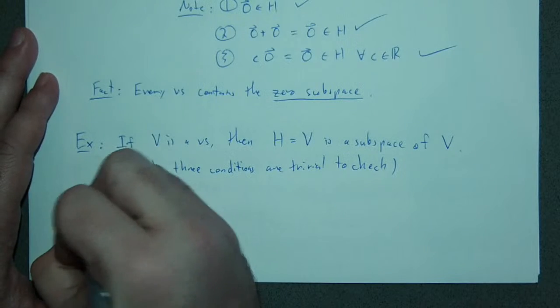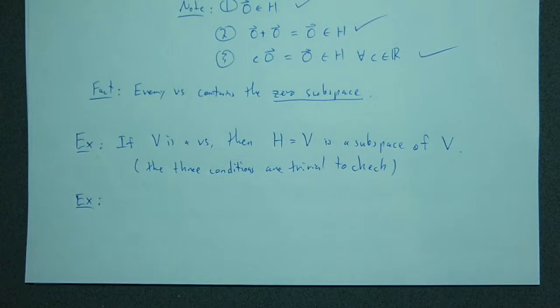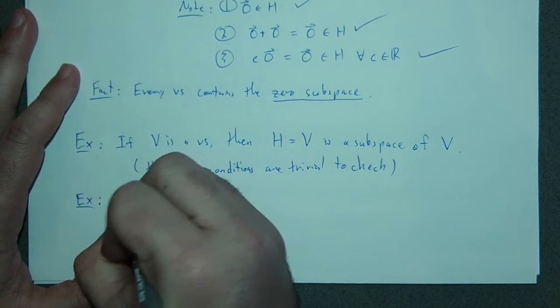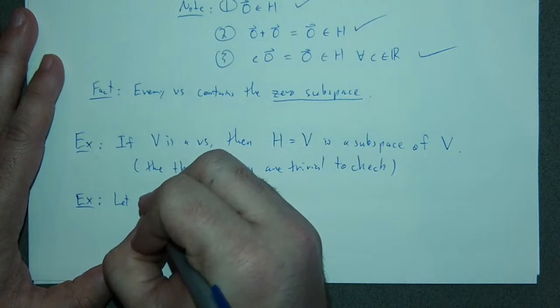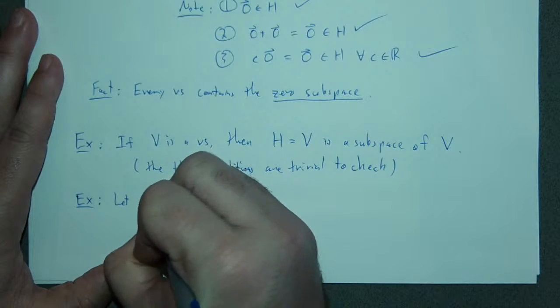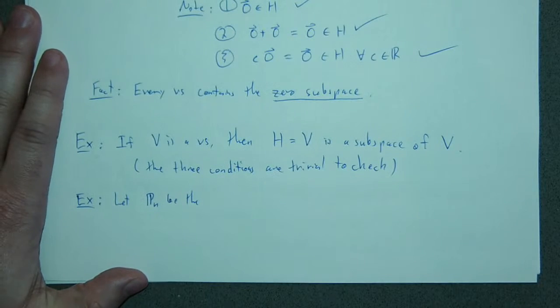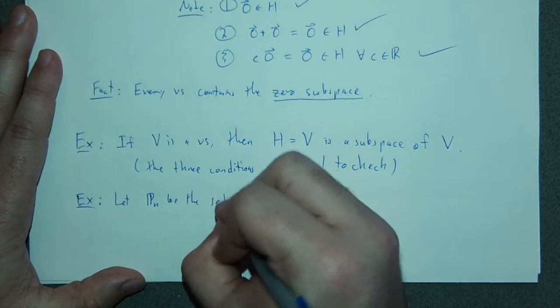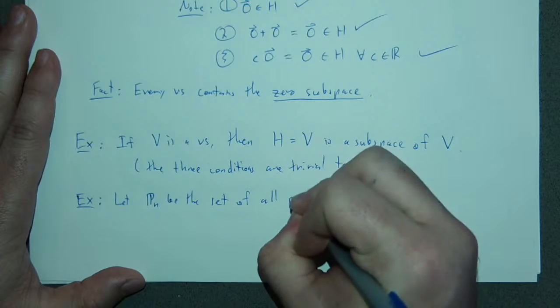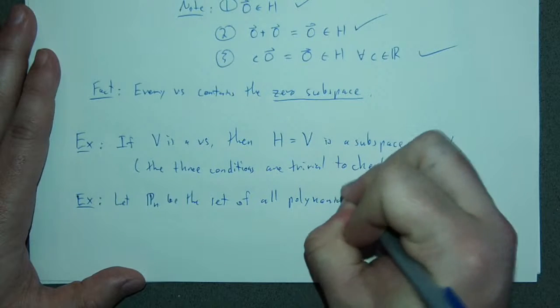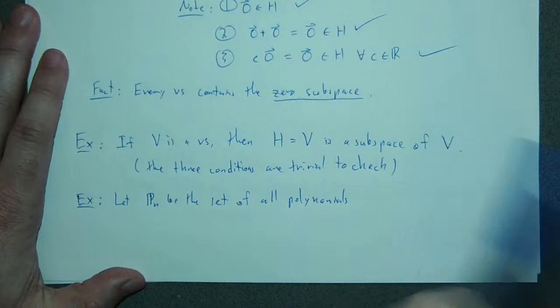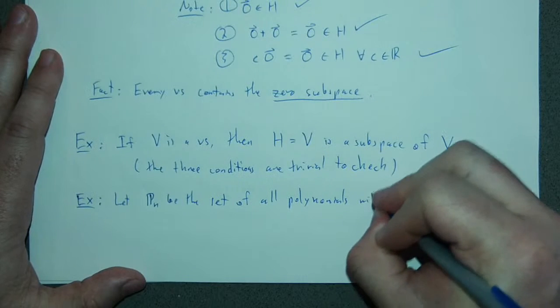Here's an example. I'm not going to check that it satisfies the properties. I'll just say it in words basically. Let P sub n be the set of all polynomials with real coefficients.